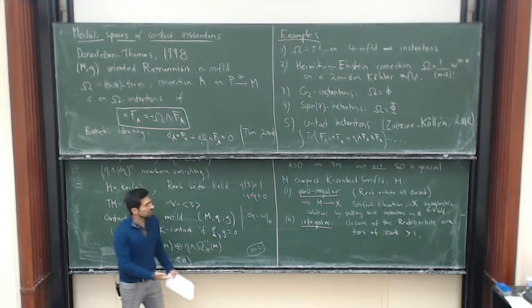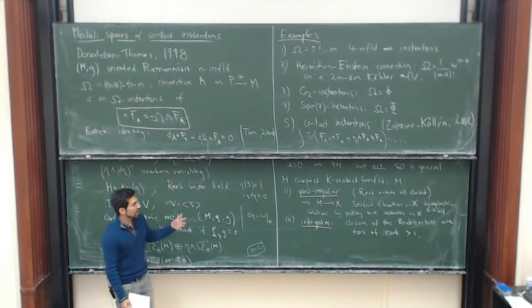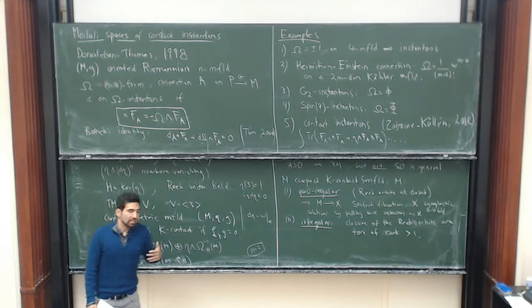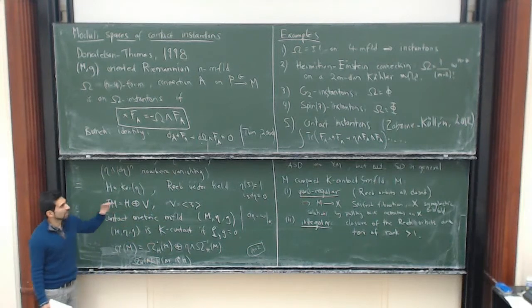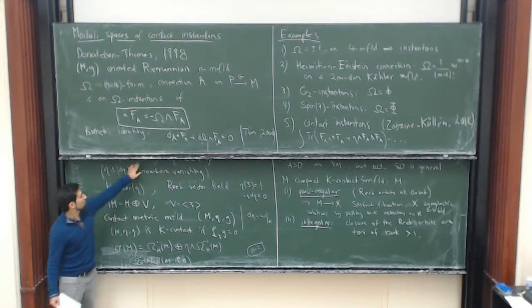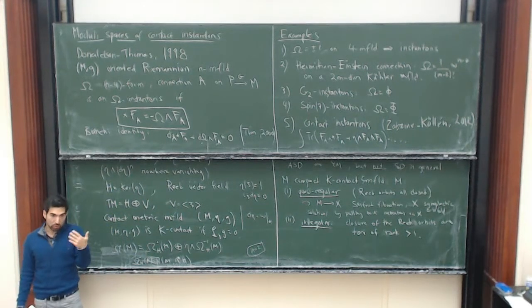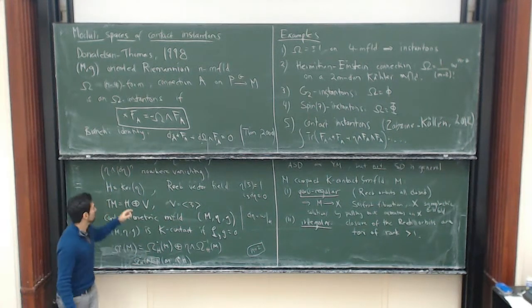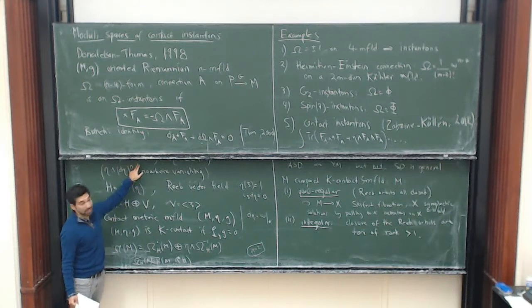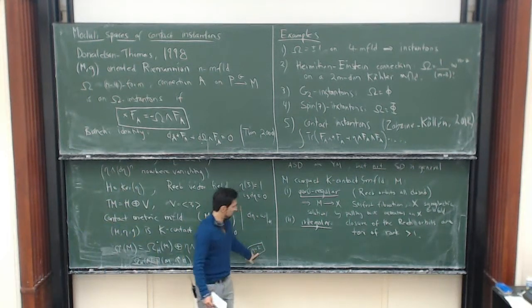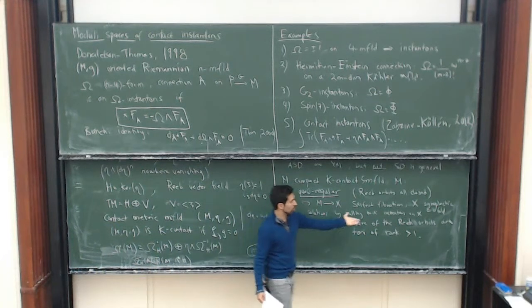In fact, you can show that it's strictly bigger than 1 and less than or equal to 3. That's the max dimension. There's a general result that on any 2n plus 1 dimensional manifold, the torus generated as a subgroup inside the isometry group is of dimension at most n plus 1. In this case n is 2, so you get at most 3. So either 2 or 3, that's the rank.